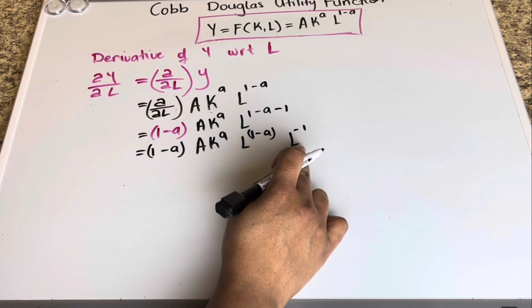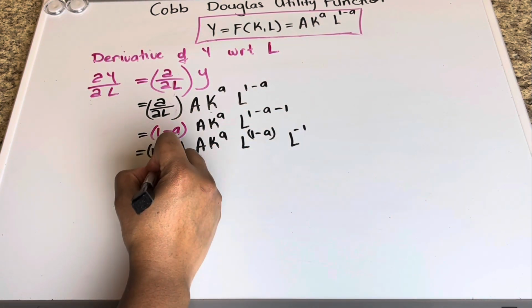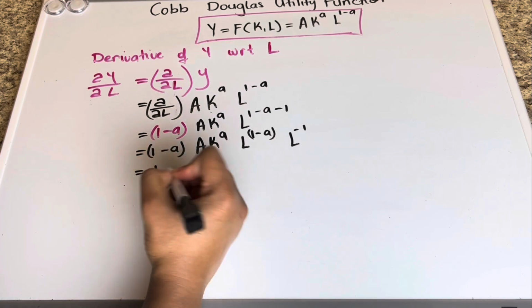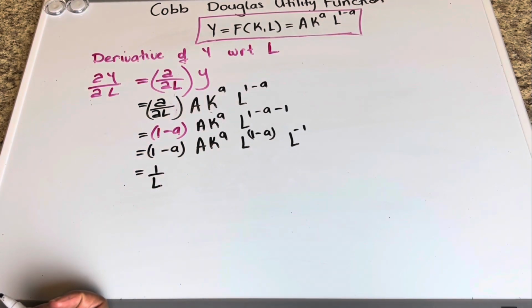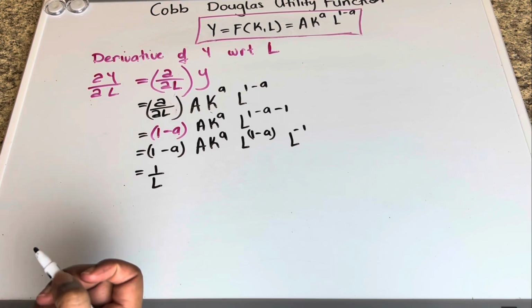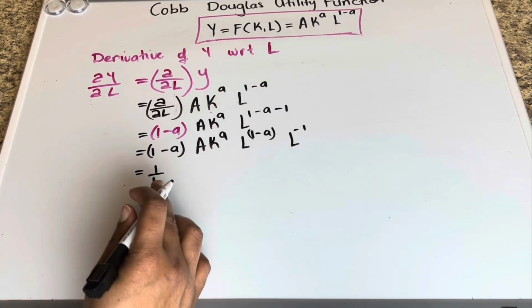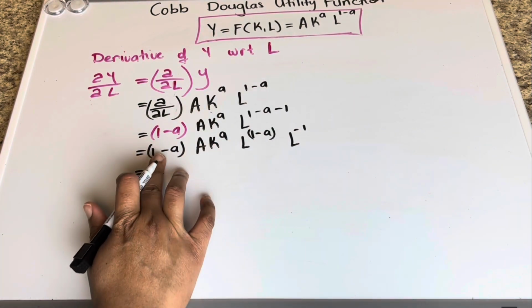This too can be written as 1 over L. Now that you have that portion, 1 over L, or if you want to keep the order as you had it before, that's perfectly fine.